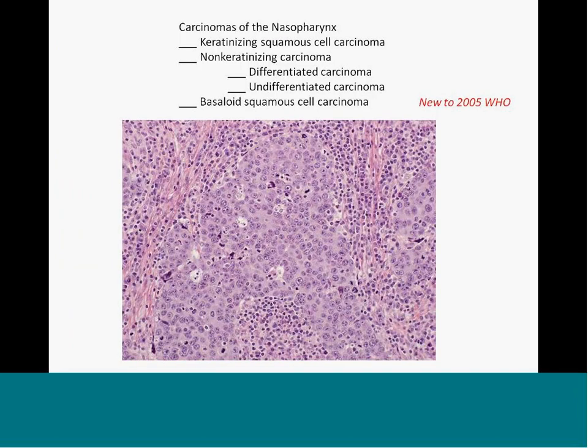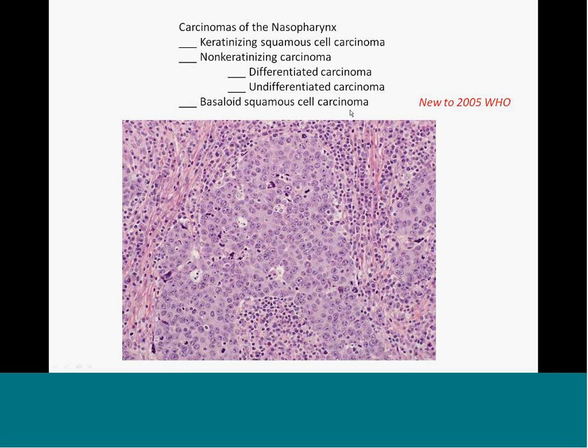Carcinoma of the nasopharynx: keratinizing squamous cell carcinoma, non-keratinizing carcinoma, differentiated and undifferentiated types. This is also called lymphoepithelioma. These are sometimes difficult to separate and sometimes combined. It really doesn't matter in terms of prognosis or treatment, and in fact, they're essentially all EBV positive.